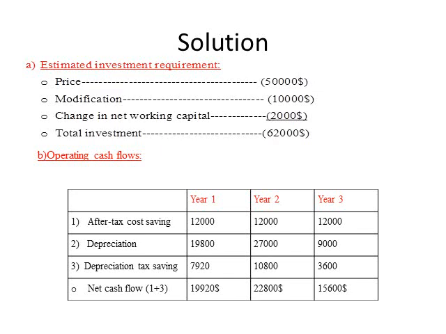Part B: the requirement is determining the operating cash flow for year 1, year 2, year 3. The first step is the after-tax cost saving. In the exercise he told you that the earth mover purchase will have no effect on revenues, but it is expected to save $20,000 per year in before-tax operating costs, mainly labor.